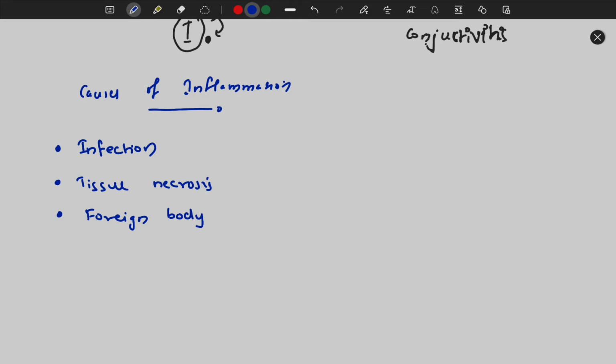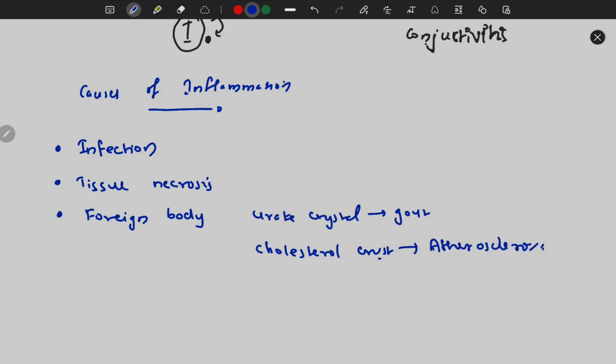For example, urate crystals in gout. Another example is cholesterol crystals in atherosclerosis, and lipids in obesity-associated metabolic syndrome.